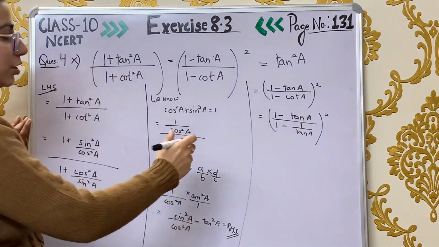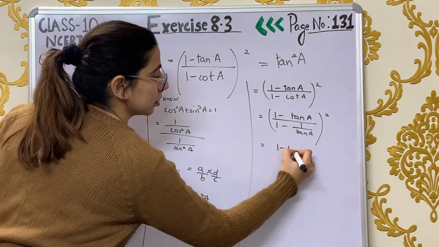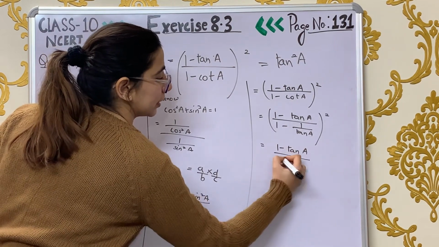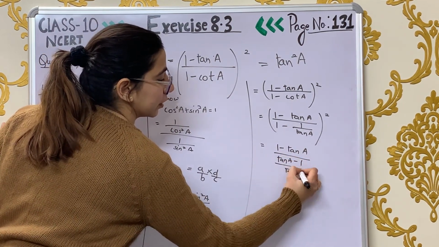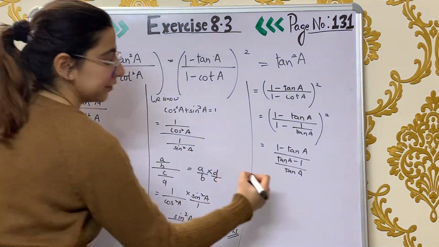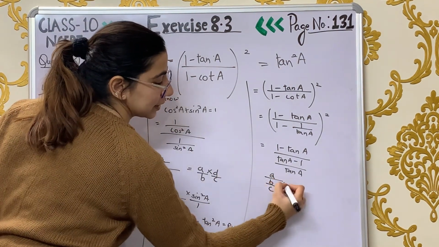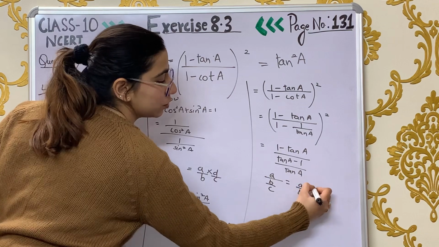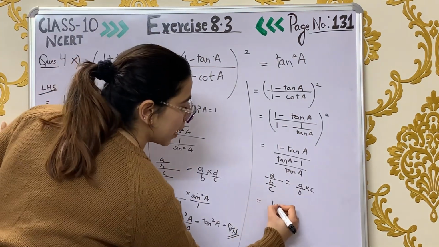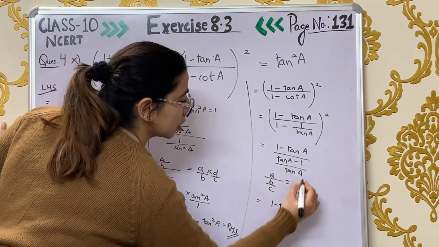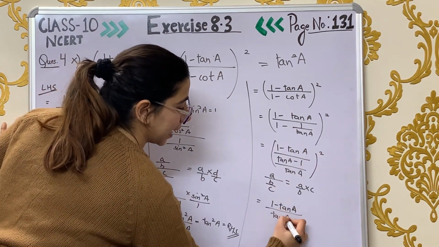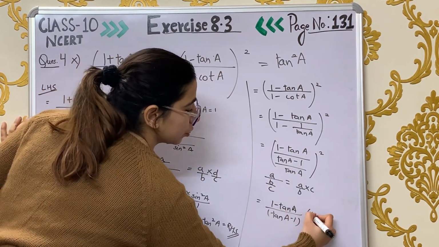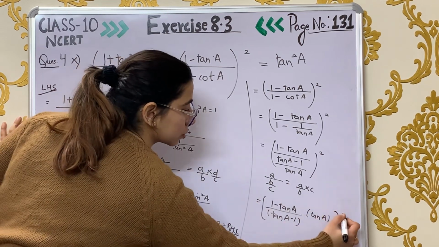Taking the LCM in the denominator, I get (tan A minus 1) upon tan A. And we know that A upon B by C is nothing but A by B into C. It's going to be (1 minus tan A) upon (tan A minus 1) into tan A, whole square.